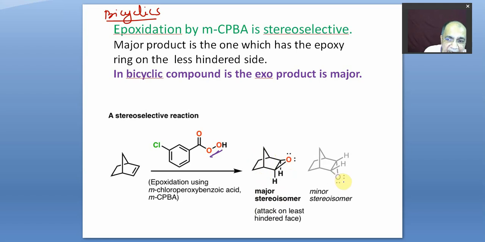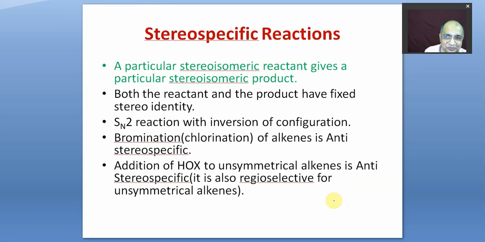If any substituent is close to the longest bridge, then that is called the endo. If it is on the opposite side of the longest bridge, that means it is on the side of the shortest bridge, then that is called the exo product. So in this case, always the exo product has been found to be major, this is minor. This is also a stereoselective reaction, diastereoselective, because these are diastereoisomers. One is cis and trans.